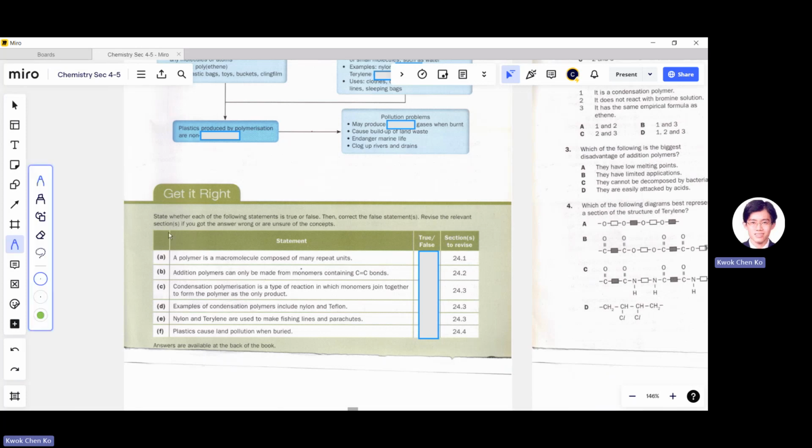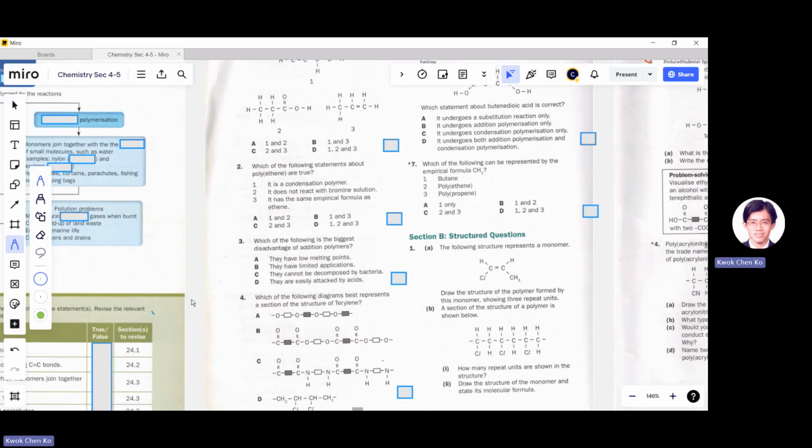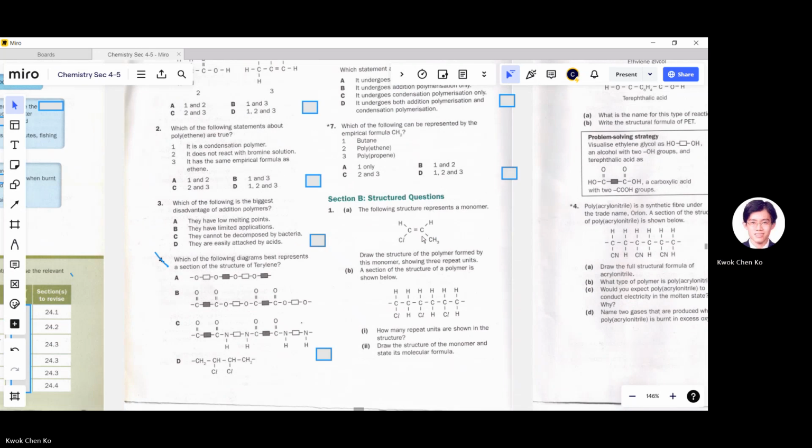Like for example, you can cross out C, D, and E. Let me look at the MCQ as well. For MCQ, you can cross out number 4, number 5, and number 6. Let's see. Okay, no, this one's still counted.